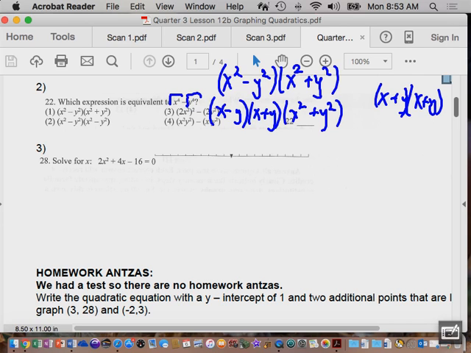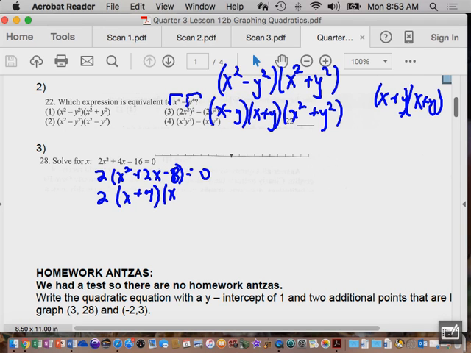Okay? Any other questions? All right, next, solve for x. If I'm going to solve this, the first thing I notice is the 2, so I always want to pull out a common factor, and I get 2 times x squared plus 2x minus 8. Ugly looking 8, but it is an 8. So that's 2 times x plus 4 times x minus 2. And if you remember, AJ asked about the way he solved it before.